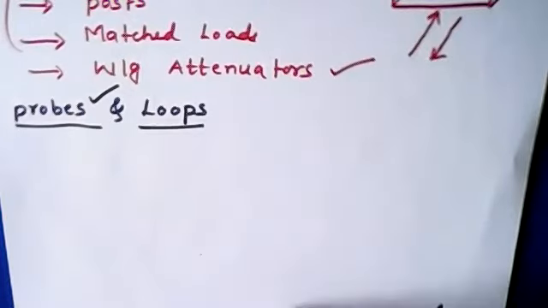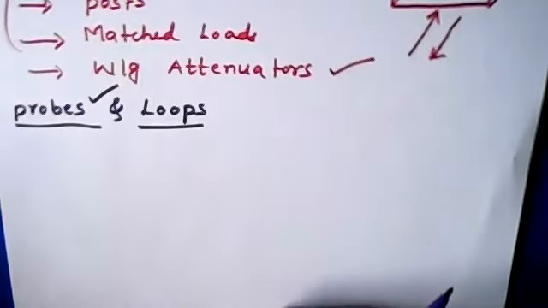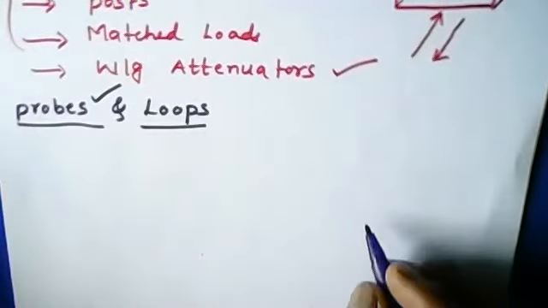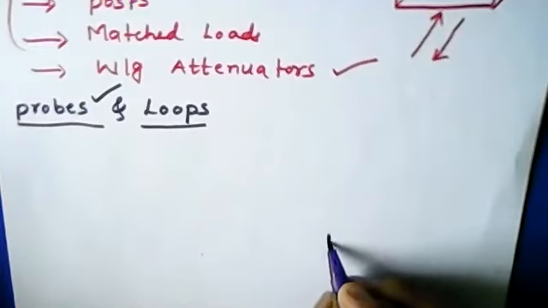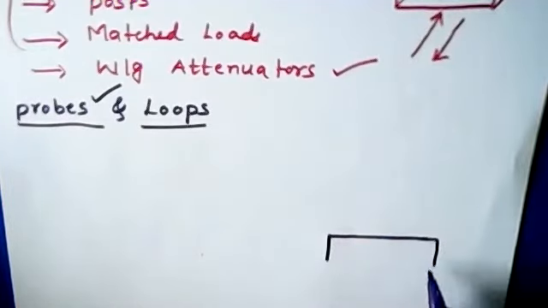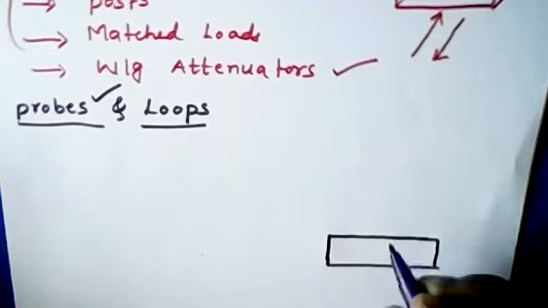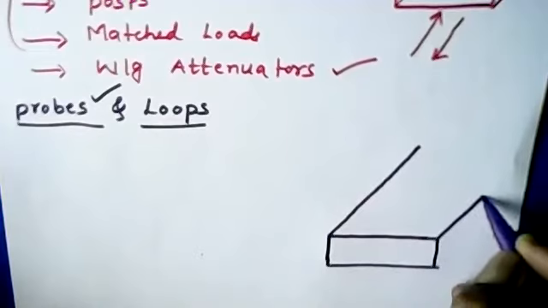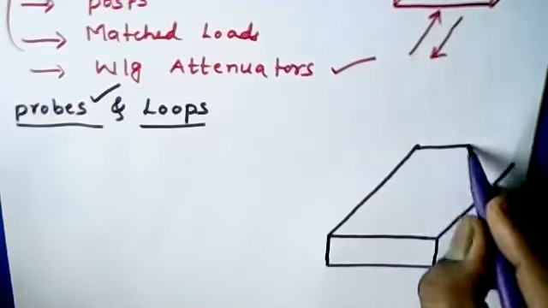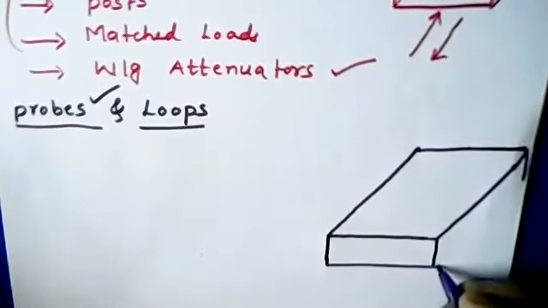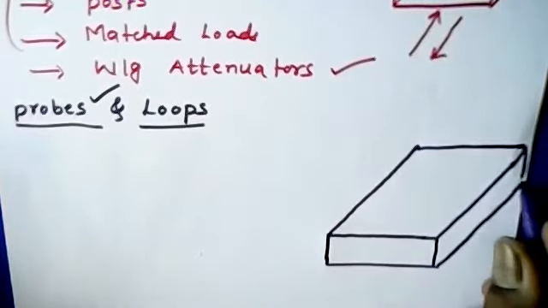So with this coaxial cable, if we take any rectangular waveguide, consider that this is a rectangular waveguide, in which the wave needs to propagate. We are willing to propagate the signals through this waveguide.